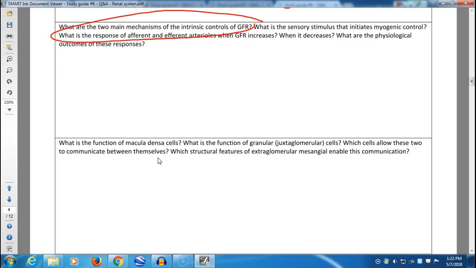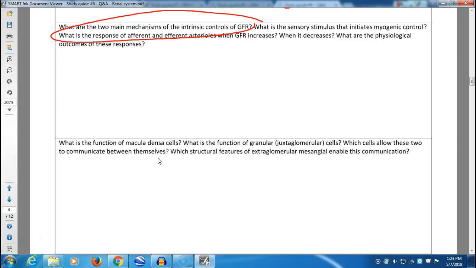Reabsorption time increases. So when reabsorption time increases, more sodium chloride is reabsorbed, which means sodium chloride in the filtrate decreases. Which cells sense it? Macula densa. And what do they do in response? What we started with: a decrease in the blood pressure. So what do they need to do? Dilate afferent, constrict efferent.